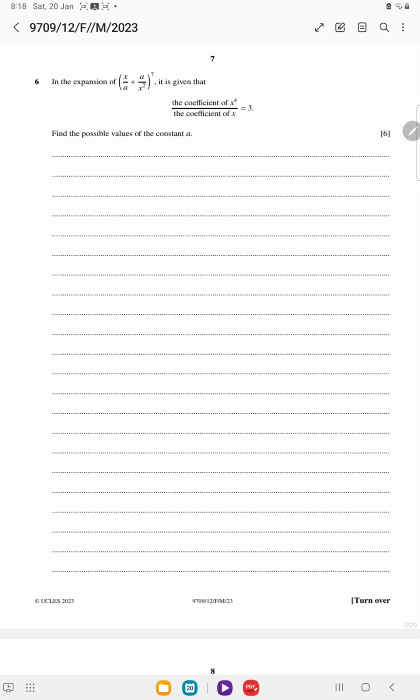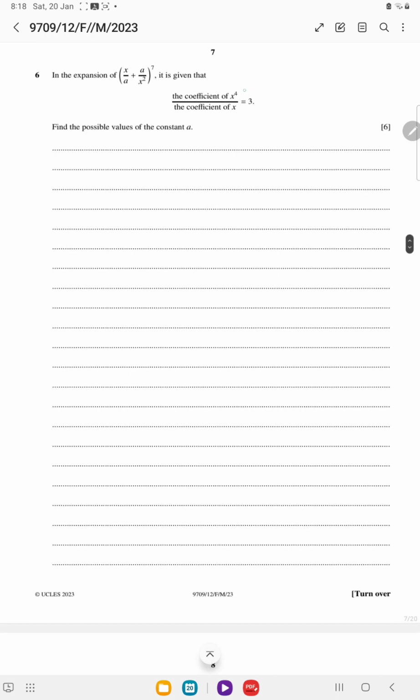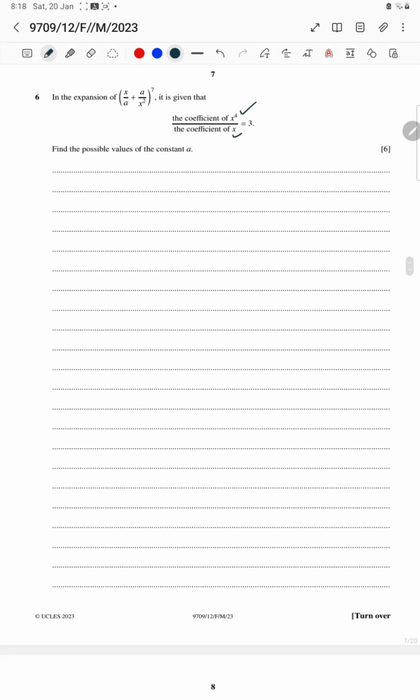Okay guys, in question number 6, this question has been taken from the binomial expansion, and as we are required to get the ratio of the coefficient of x⁴ to the coefficient of x, we have to find the ratio of the coefficient of x⁴ to the coefficient of x. By the indicated term rule, we know that T(r+1) = nCr a^(n−r) b^r.